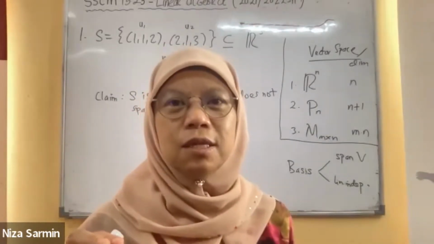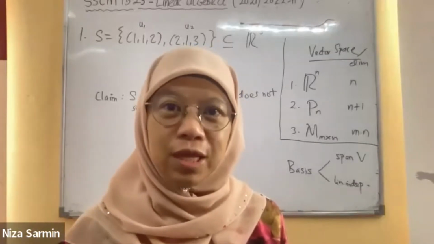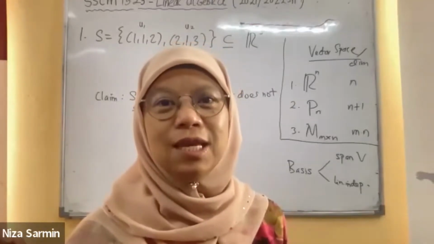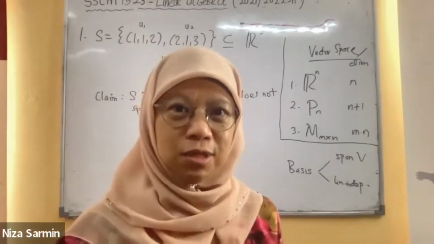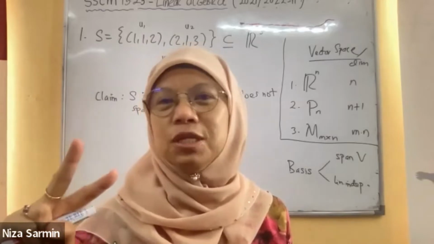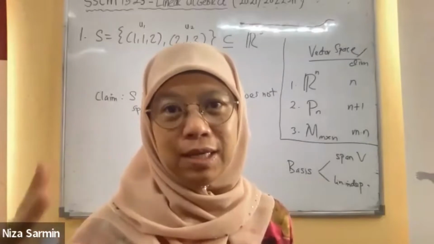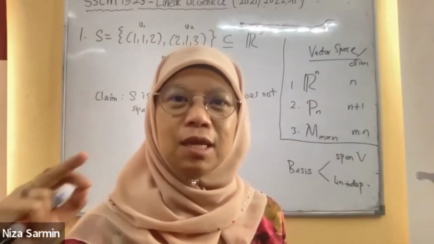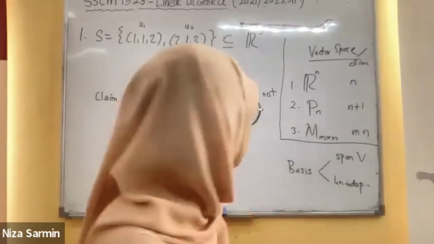Spanning is you write in terms of general Y, but for linear independence, you replace Y with the vector 0 and try to see whether the C's are unique, which is all 0, or many. Because homogeneous, you only have two kinds of solution, unique or many. If it's unique, independent. If it's many, dependent. All right, that's the basic things that you should know.